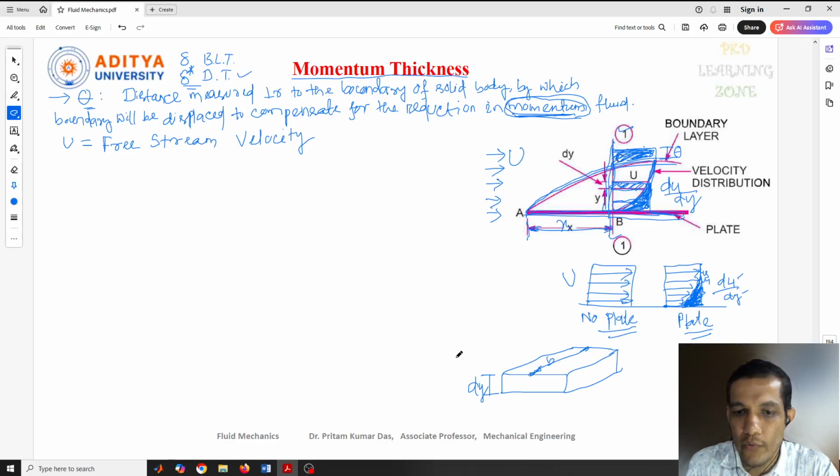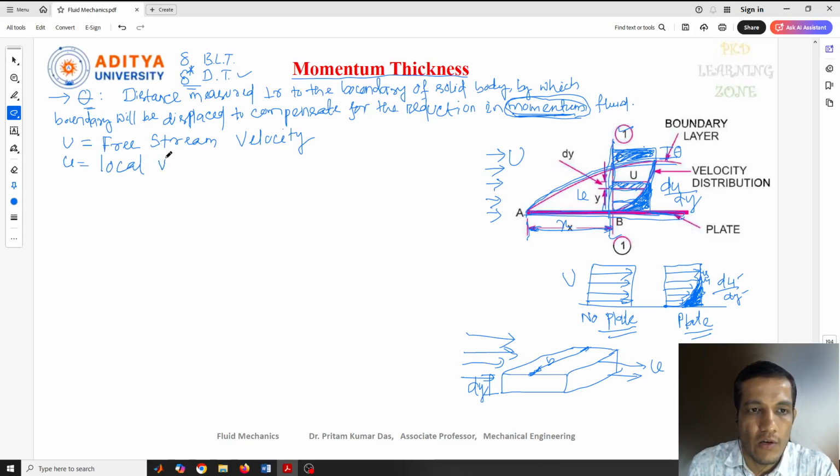The fluid is flowing over the elemental strip, correct? So the fluid will flow like this, and the fluid velocity is u. That is the local velocity, the local velocity of the fluid.